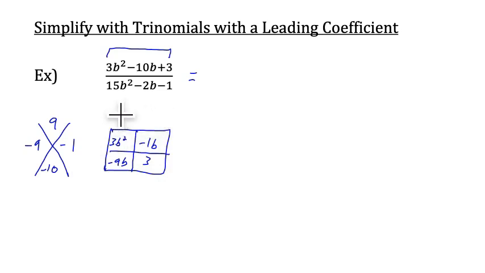So to get 3b squared, we need to multiply 3b times b. Now notice we really need to put the 3b up here on the top, so it's lined up with the negative 9b. So we have 3b times b. That makes 3b squared. Well, b times negative 1 equals negative 1b.